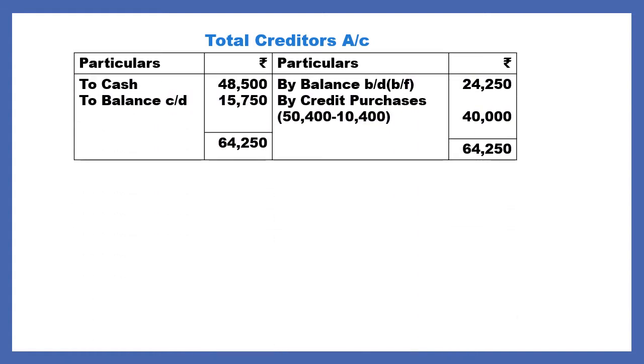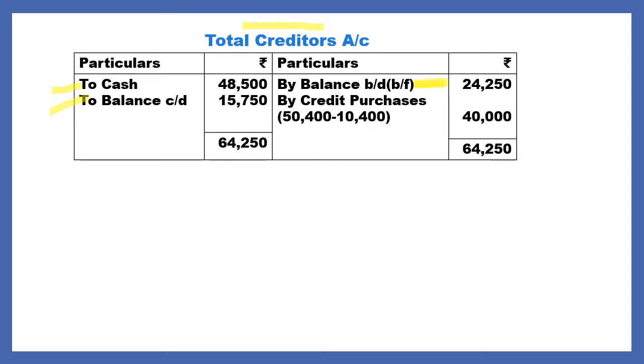So total creditors account opening balance is not given, so that will be the balancing figure. So by balance brought down, as it is a liability, balancing figure that we have to identify, and to cash account, that is 48,500 payment to creditors. There is an entry in the problem, payment to creditors 48,500. Then closing balance they have mentioned 15,750 as per the problem.